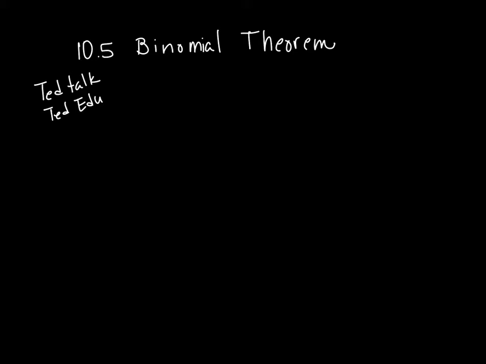So we're going to go ahead and start with what is a factorial symbol. The factorial symbol is the exclamation point. What it does is it multiplies all whole numbers from that chosen number down to 1. So 1 factorial just is 1.